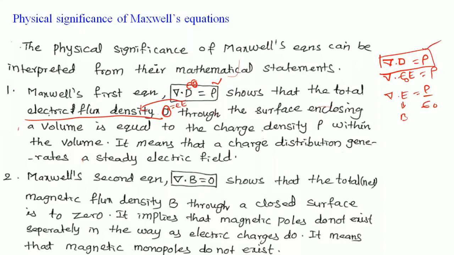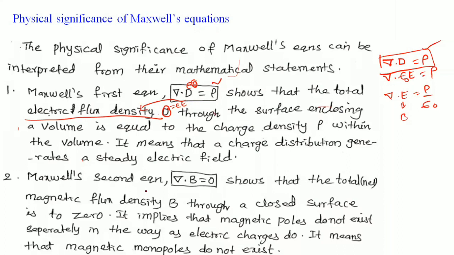So it gives that a charge distribution generates a steady electric field.